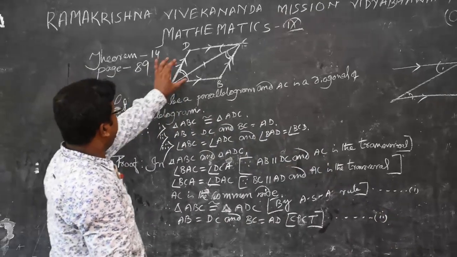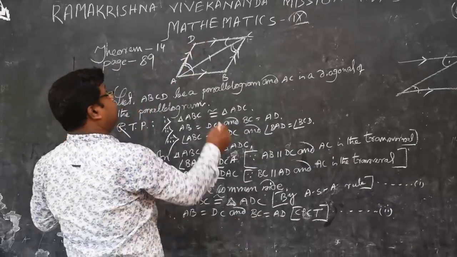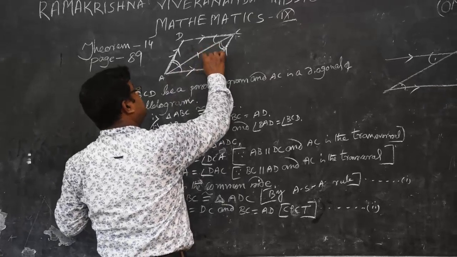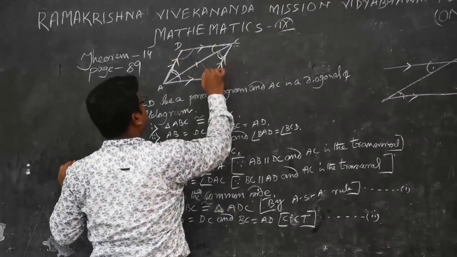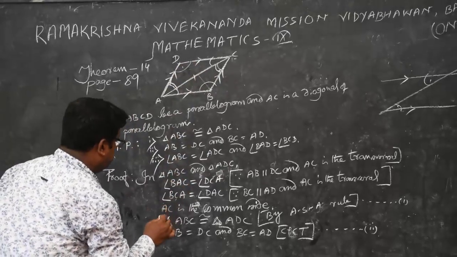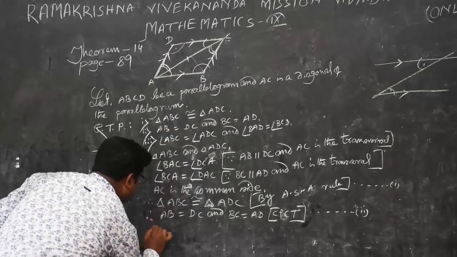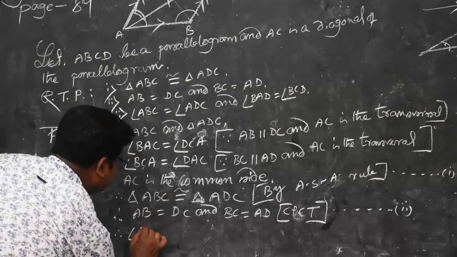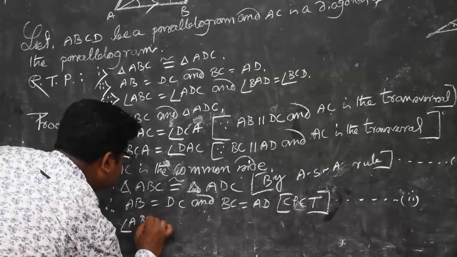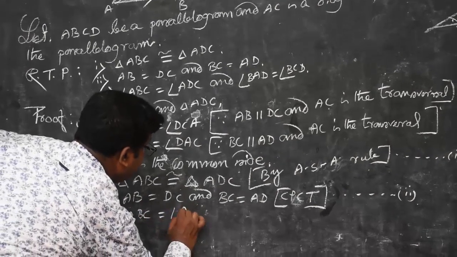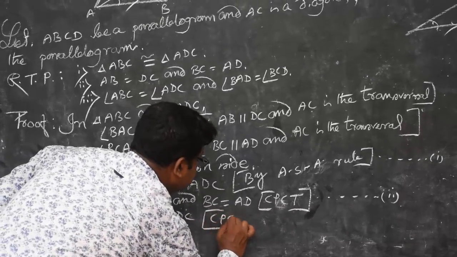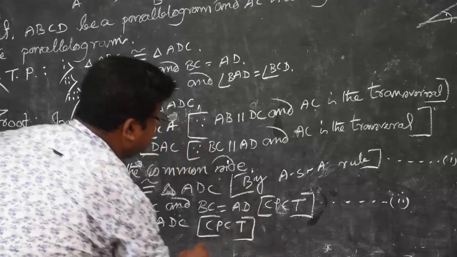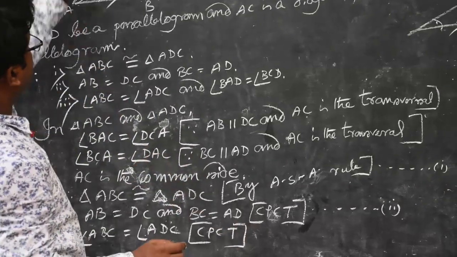Since the triangles are congruent, the angle opposite to this side is this angle, and the angle opposite to this side is this angle. These angles are equal. Angle ABC equal to angle ADC. It is also CPCT, corresponding parts of congruent triangles.